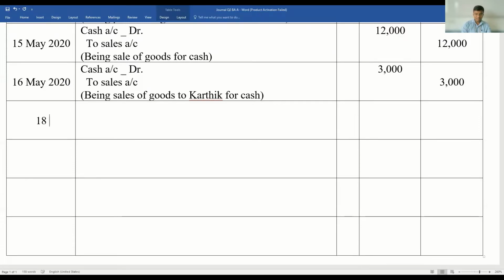Next one. Sold goods to AB. So on 18th May, the transaction is you're selling goods to AB. When you sell goods to AB, what is happening? It is not mentioned exclusively whether it's a cash or a credit sale. But since it is mentioned that you're carrying out the transaction with AB, it is understood the transaction is for credit.